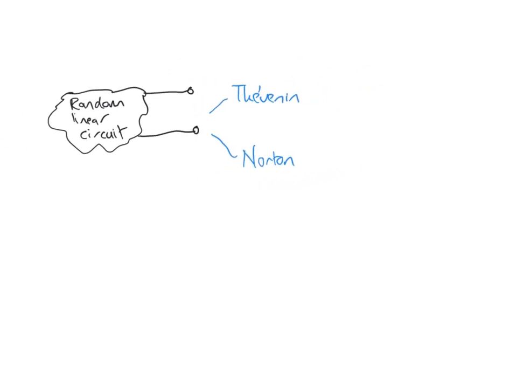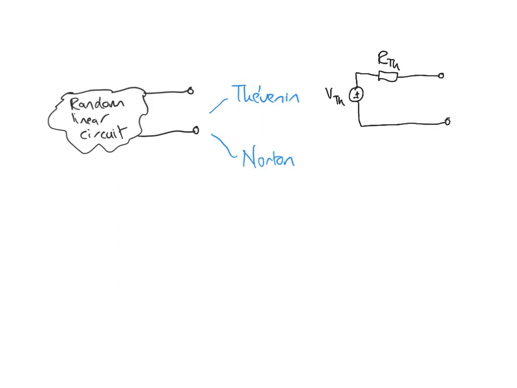Thevenin's theorem tells us that a random complex linear circuit with two ports can be represented as a voltage source with voltage V Thevenin in series with a resistance of R Thevenin.